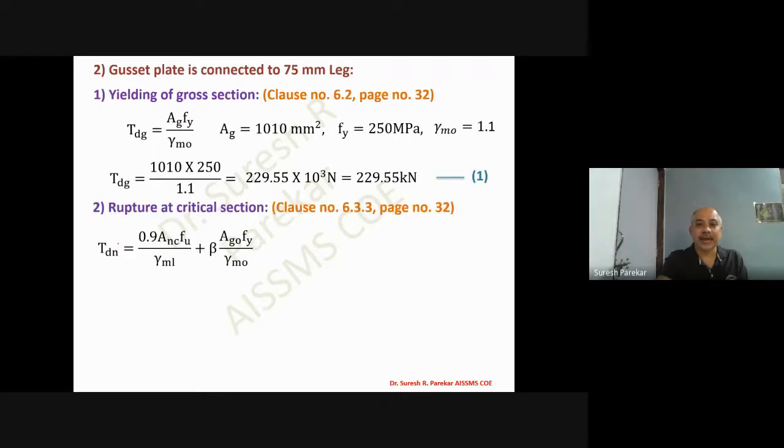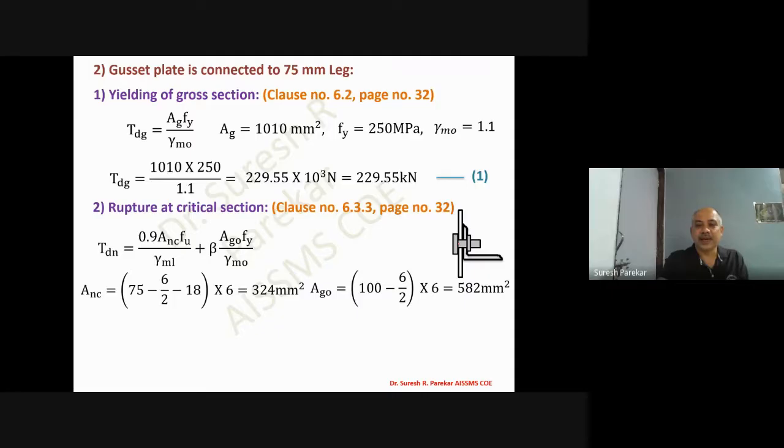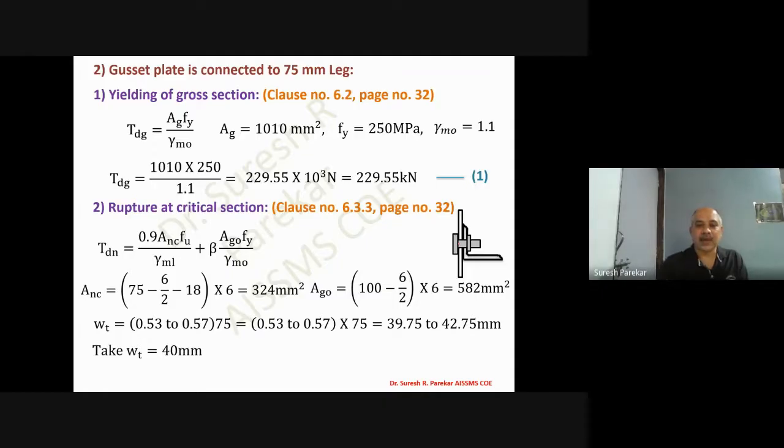Now Tdn, you can see in this case, D becomes B and B becomes D, and therefore instead of 100 minus diameter of hole, we have 75 minus diameter of hole. And then in ANC and AGO this value we have changed, and w t we now have 0.53 to 0.57 of 75, so that will be 40 millimeters, and bs we will get as 130 millimeters, because we now have 100 plus 40 minus 10.